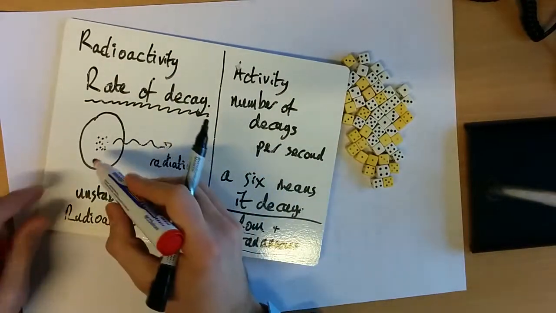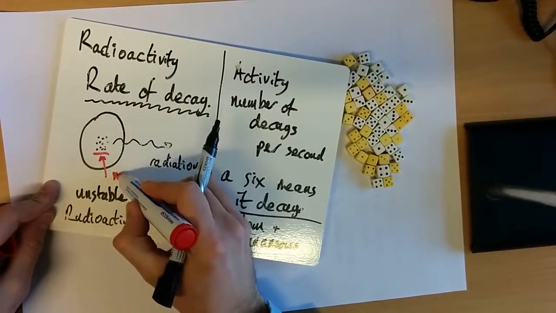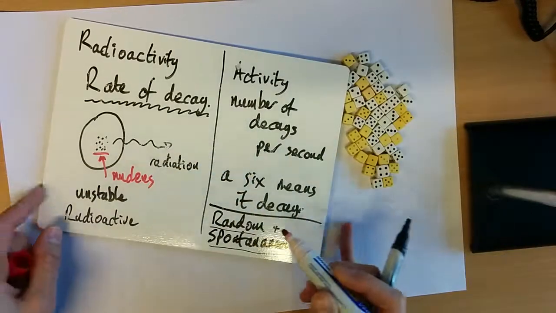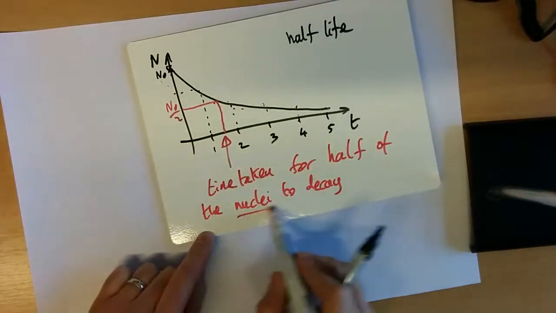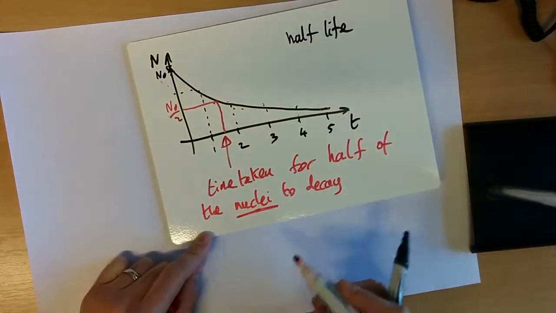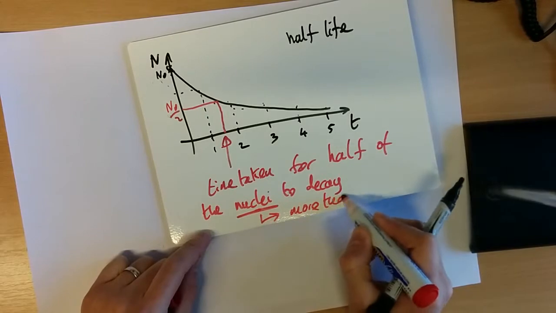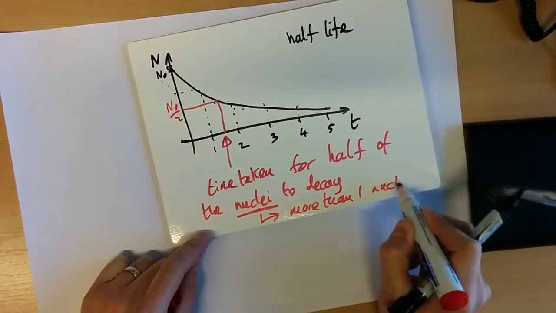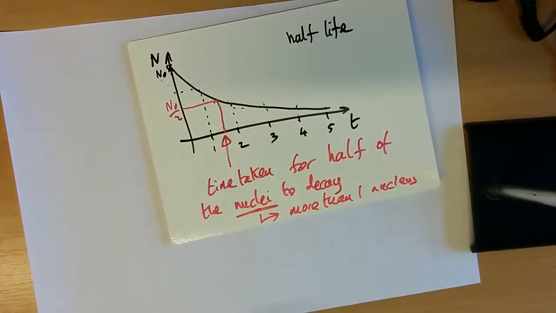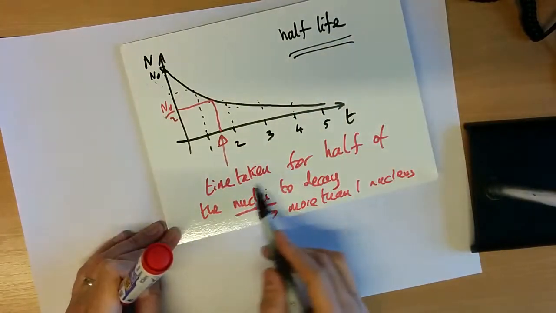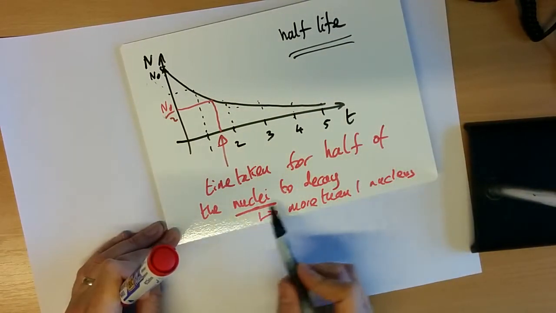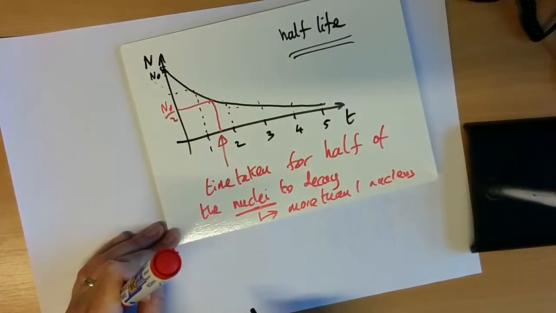Now remember I said that it's the nucleus of the atom, so the nuclei, that is more than one nucleus. So the half-life is the time taken for half of the nuclei to decay.